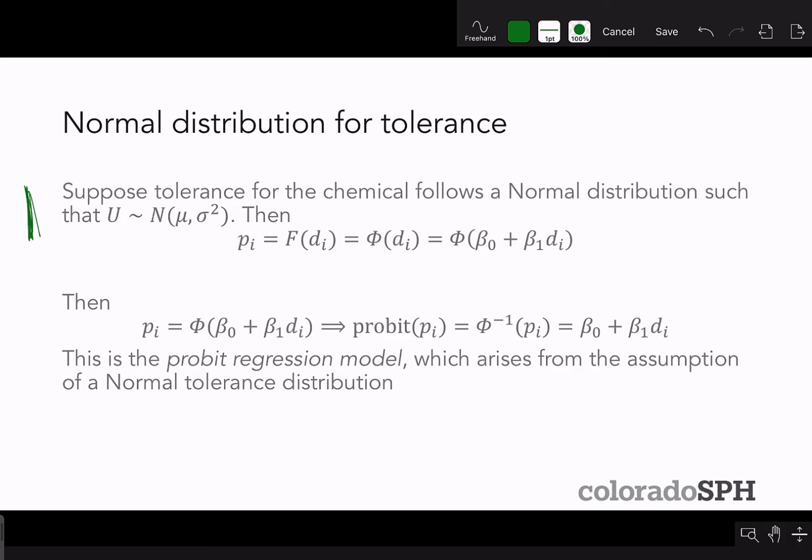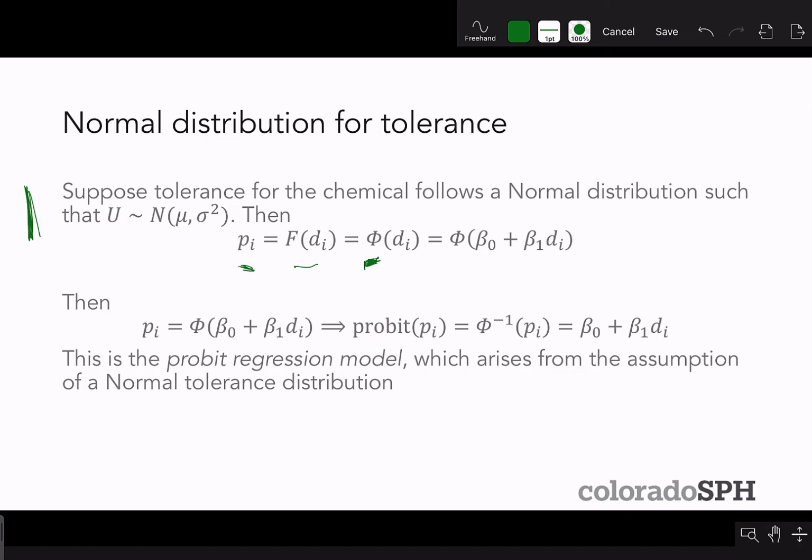So then from the previous slide, the probability for a given individual's dose causing death is the cumulative distribution function for that dose. And I said that the CDF of the standard normal distribution is often given by this capital phi. So that's what that is here. This is a standard normal CDF for dose D_i.